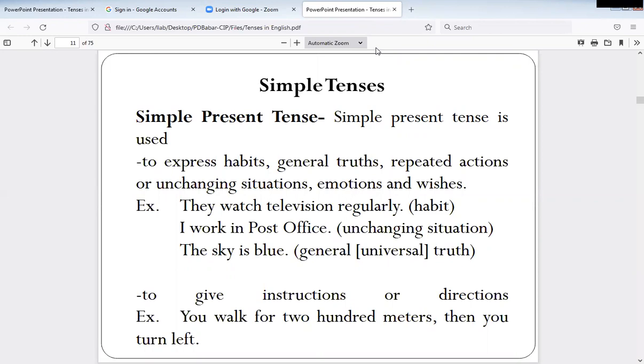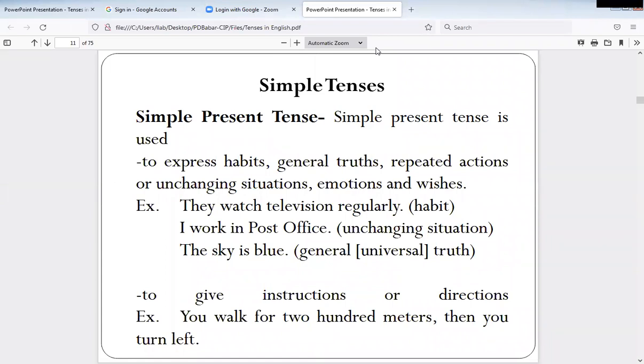Another use of the simple present tense is to give instructions or directions. Okay, so if someone is asking you about an address, then you will tell him that you just go to the right, and just move there, or just walk for 10 minutes or 100 meters, and then you will get that address or that person.